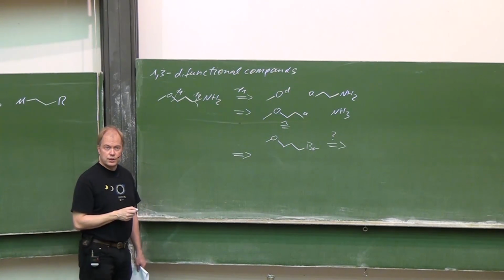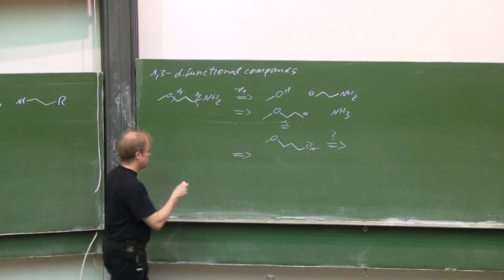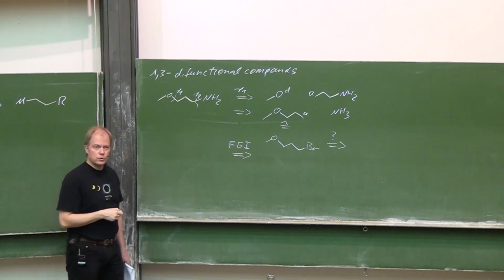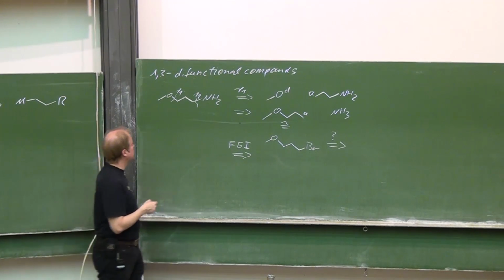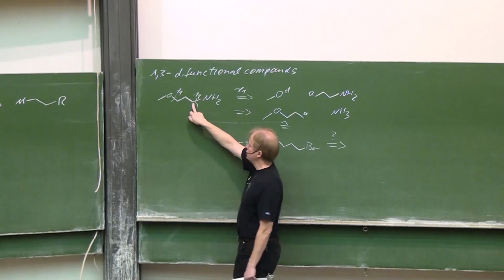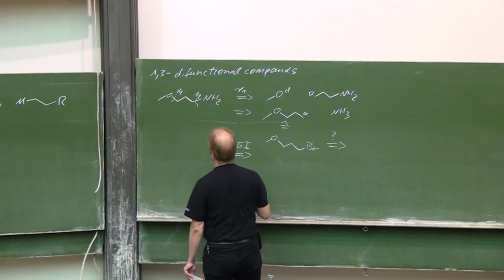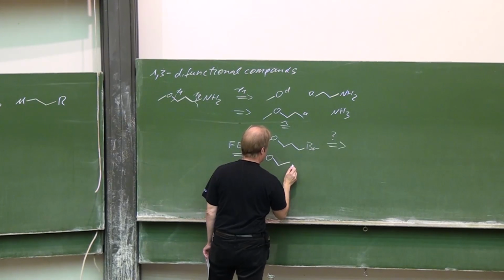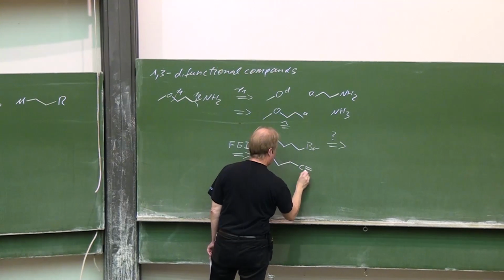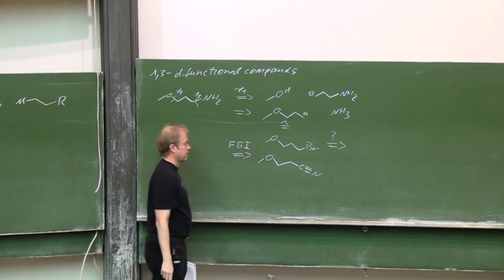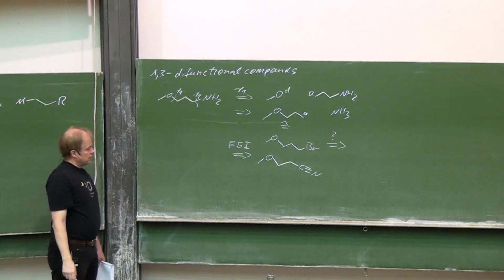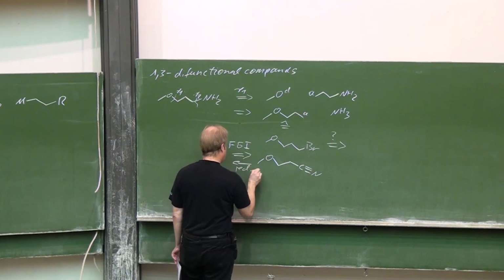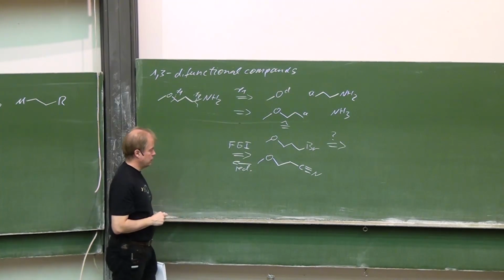Change the oxidation state. This is part of functional group interconversion, as we call it. So change oxidation state of that carbon, let's take a nitrile, and by reduction we can get to the amino group.